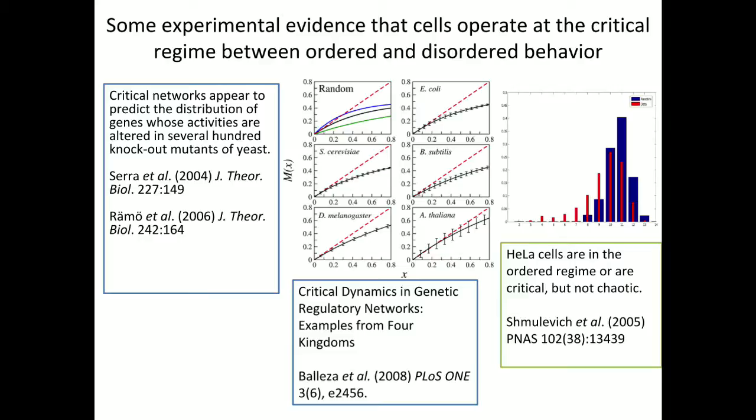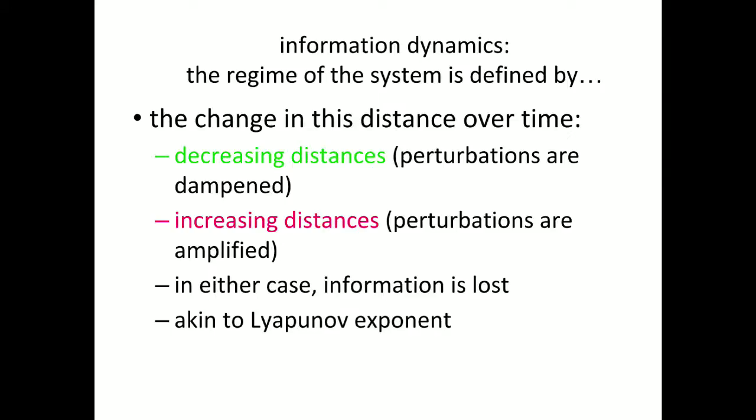And what I'd like to talk to you about is an approach that's based on information theory. So the way we can think about Lyapunov exponents, we can think of it in the same way, but in terms of information. For instance, imagine that you have two states of a system, and they are slightly different by epsilon or some difference.